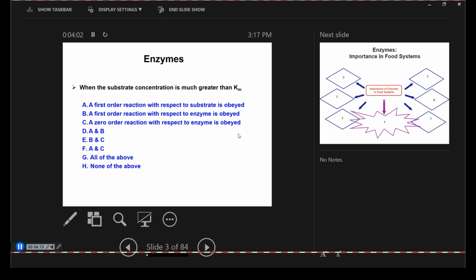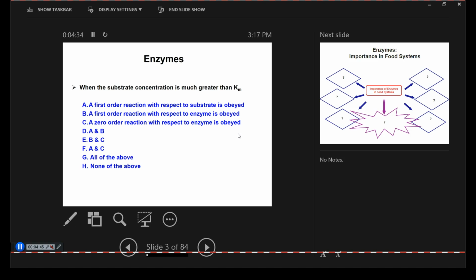Do we know what first order versus zero order is? When we say first order towards the substrate, what do we mean? It is dependent on the concentration. When we have the substrate concentration much greater than Km, that means we saturated the system with substrate. So now the reaction is no longer dependent on the substrate concentration. It would be dependent on the enzyme concentration.